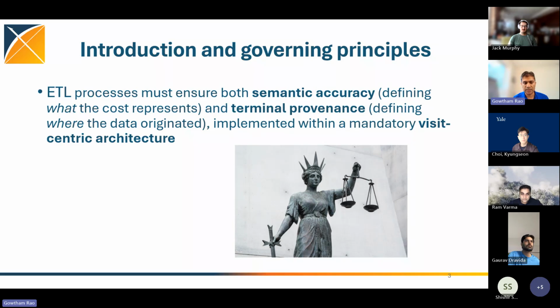And that just means that the visit is the center of everything. And that convention is essential for cost, because if we are doing cost and utilization, the utilization metrics is centered around visits. And so that's important. So that's another governing principle that we are introducing.